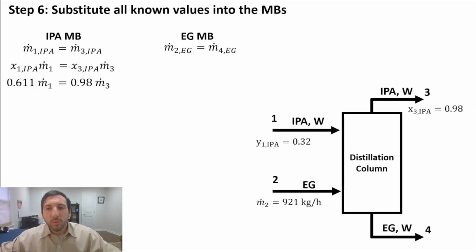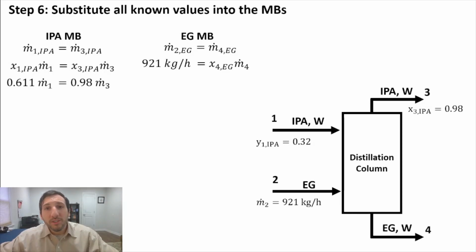Again, we're going to switch it into mass fractions and mass flow rates unless we know the entire mass flow rate of a particular stream. In this case, we know M2 dot EG, and that's 921 kilograms per hour. We're going to say that's equal to X4 ethylene glycol times M4 dot. Again, we've got two unknowns in one equation, not enough for me to move forward.